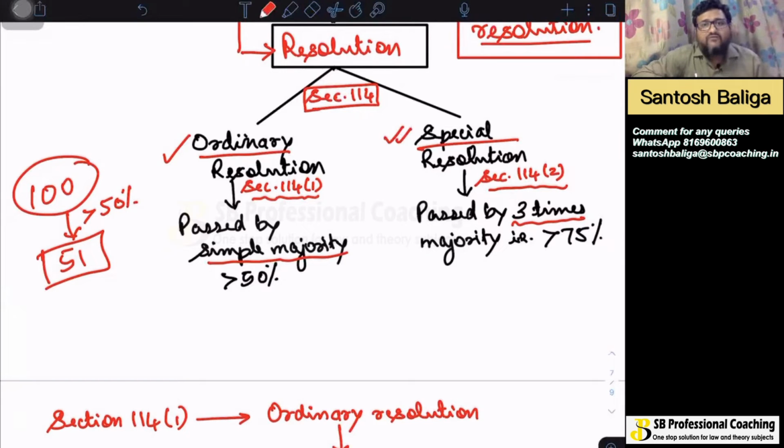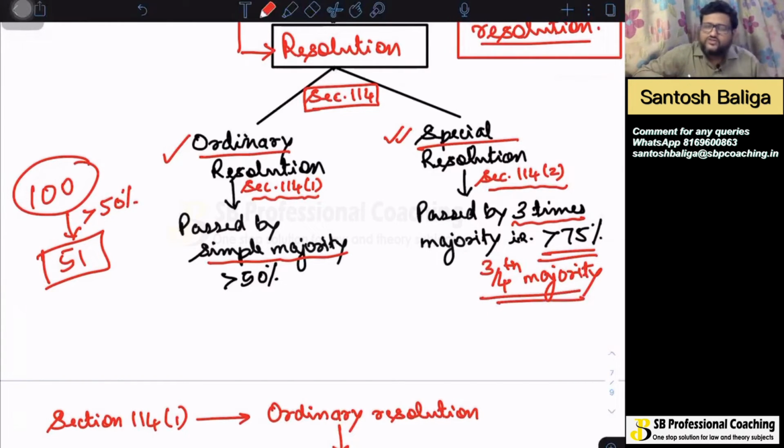When I say 3 times, that means we would require at least or greater than 75% of members present and voting in the meeting along with their proxies. This is clear. We may also call it 3/4 majority.